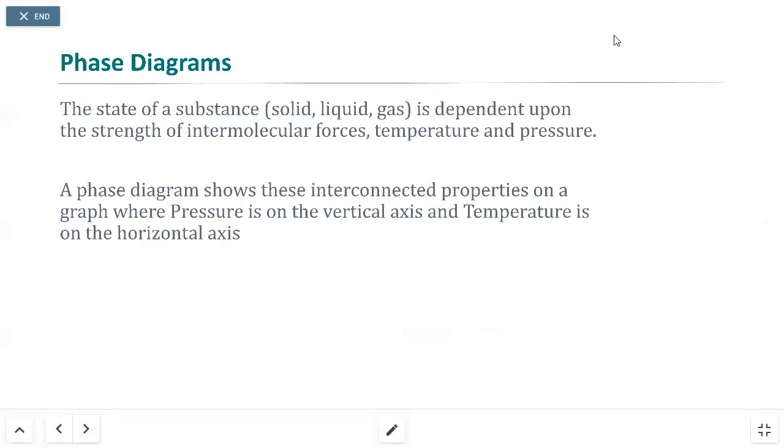Okay, then. So the last concept out of chapter 6 is that of phase diagrams. Now, phase diagrams are basically graphs. And they are graphs that show 2 axes.